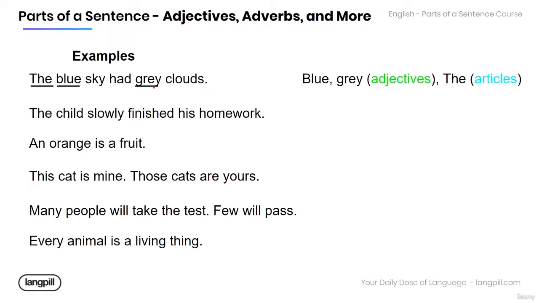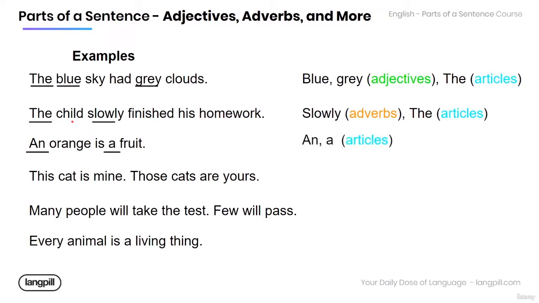Gray is an adjective describing clouds. And the is an article for sky. The next sentence: the child slowly finished his homework. Here we have slowly, which is an adverb describing finished, and the, which is an article for child.